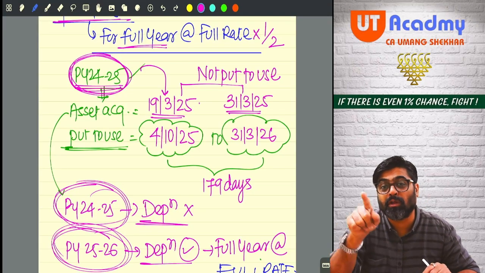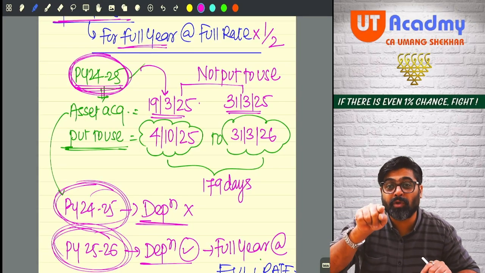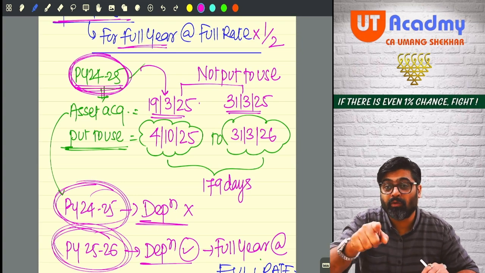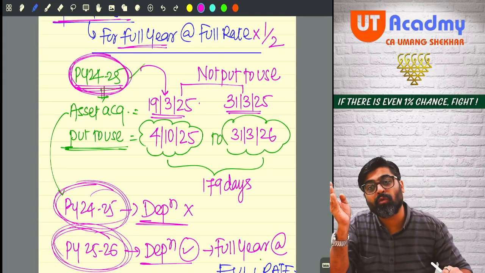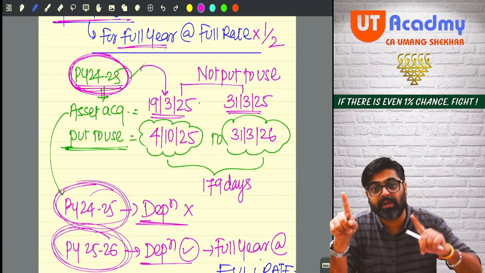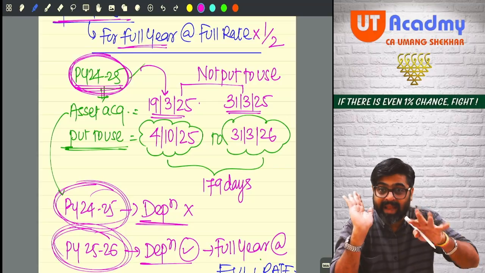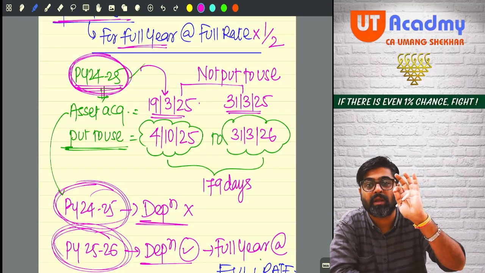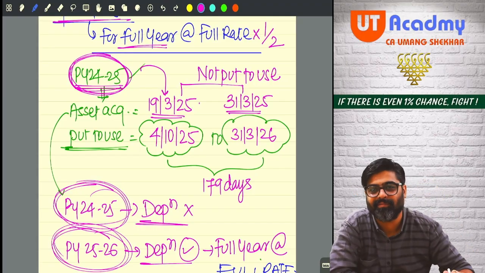If you put to use on 3rd, 1 day will increase and it will become 180. If you put to use on 2nd, it will become 181. So any day before 4th October, you will be able to use it for 180 days or more. But on 4th of October, or any day after 4th of October, you will be able to use it for less than 180 days only.